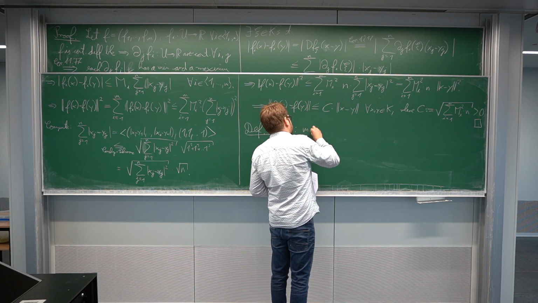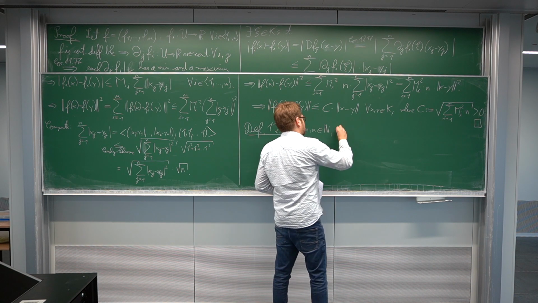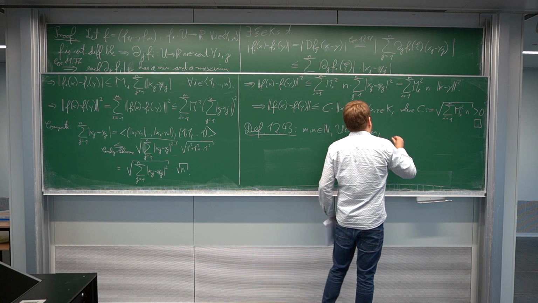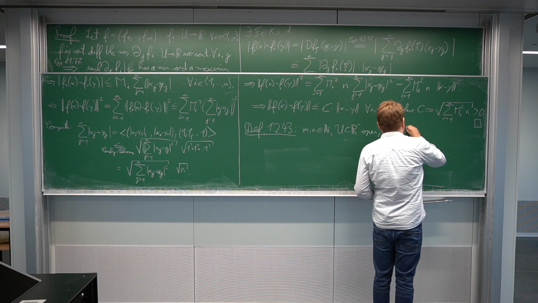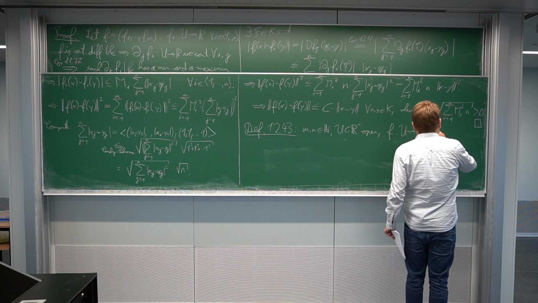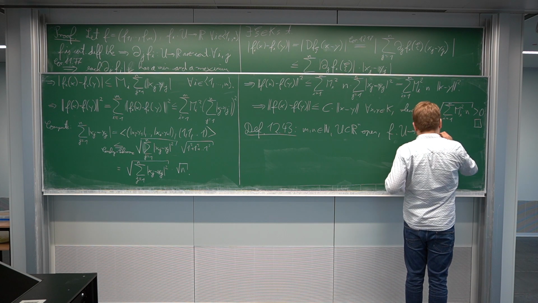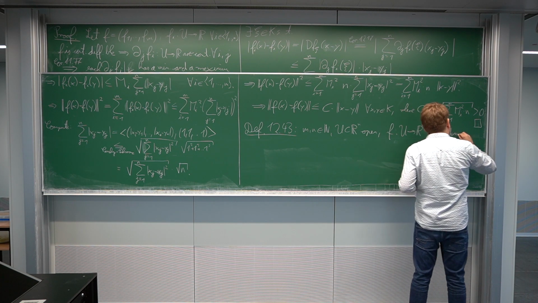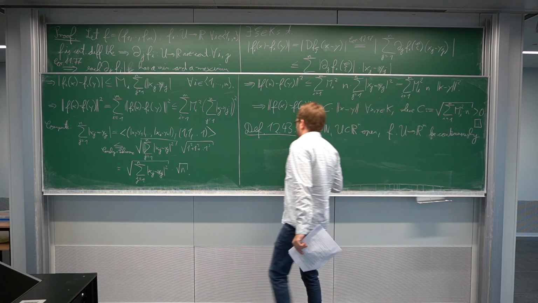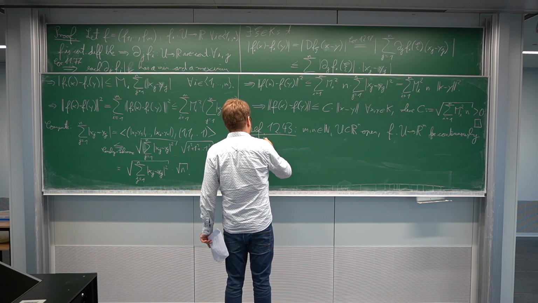So let m and n be as always, let U be an open subset of Rn, and assume that f from U to Rm is partially continuously differentiable. So all partial derivatives exist and are continuous.